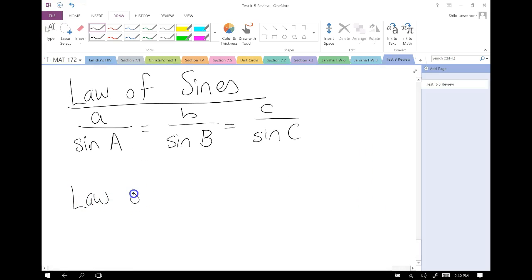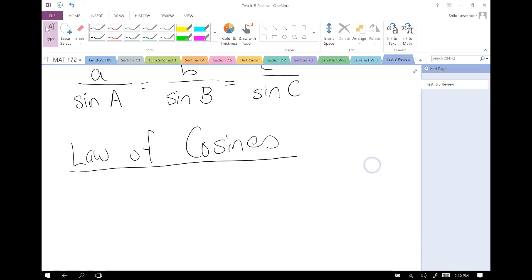The law of cosines, you may or may not have noticed, starts off looking like the Pythagorean theorem. So law of cosines, at least one of the variations of it, is c squared equals a squared plus b squared. But there's another term at the back of it, and that's because law of cosines works for non-right triangles.